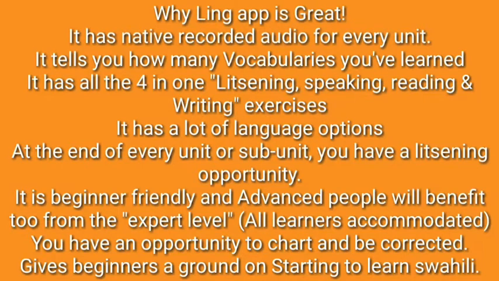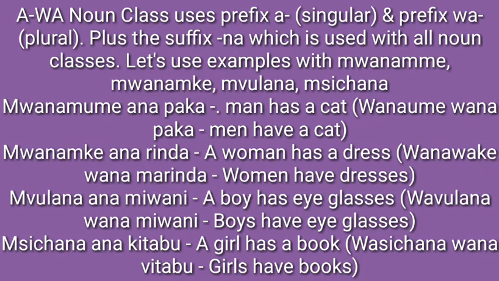Thank you so much. So let's start with the a-wa noun class. It uses the prefix a for singular and wa for plural, plus the suffix na, which is used with all noun classes. I said each noun class has its own prefix for singular and plural, but all the noun classes use the na suffix.